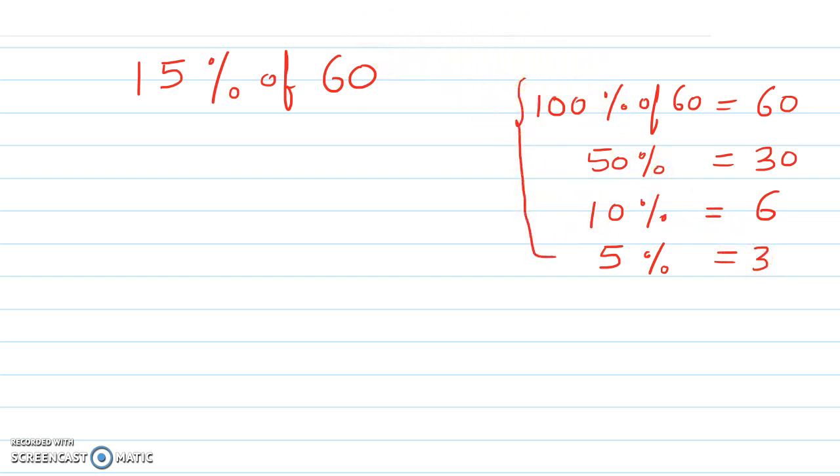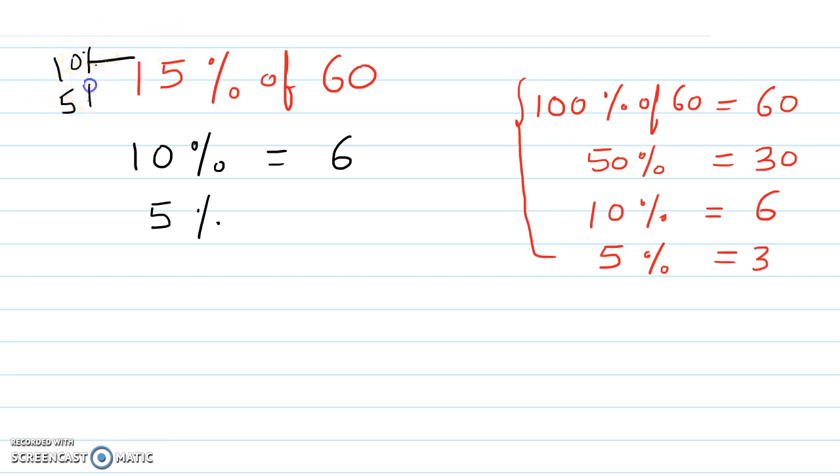Now if you see here 15%, let's calculate 10% first. 10% of 60, you divide by 10, so it will be 6. Now let's calculate 5%. Why are we calculating 5%? Because 15, if you break it into two parts, one will be 10 and one will be 5.